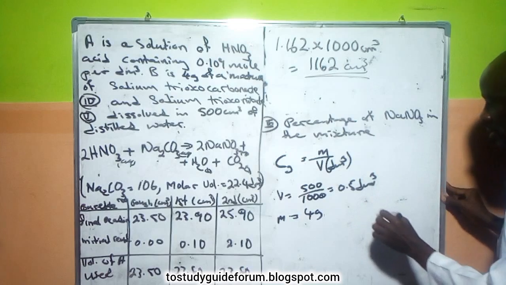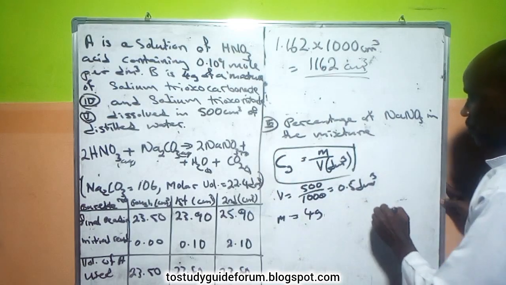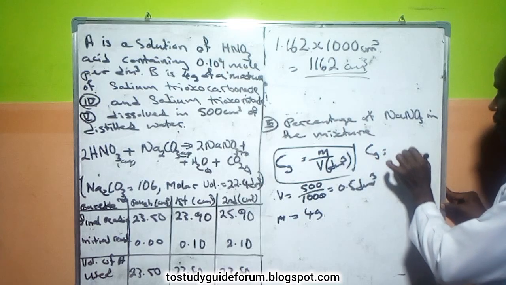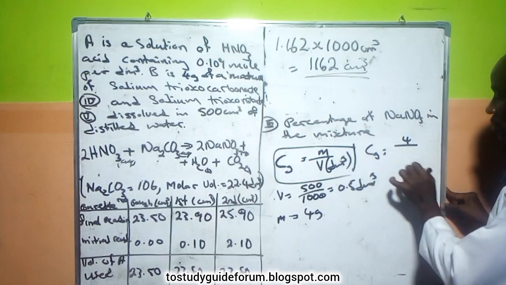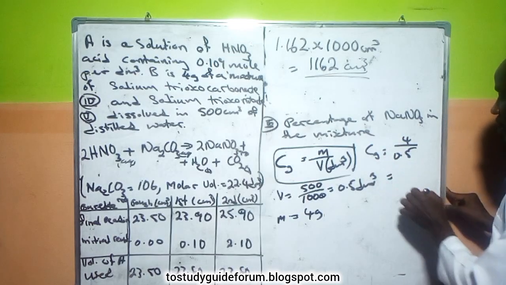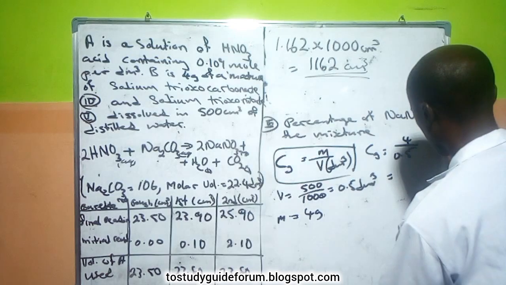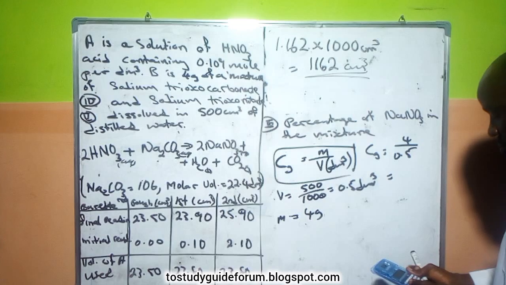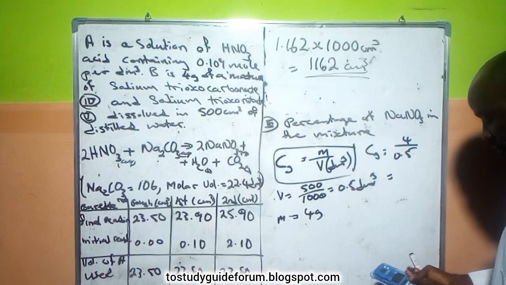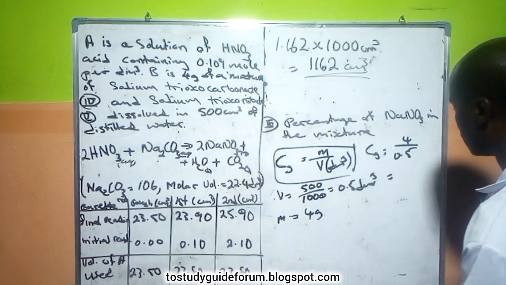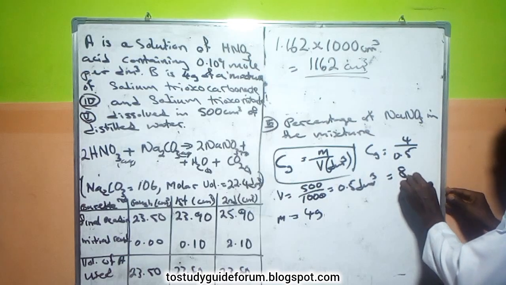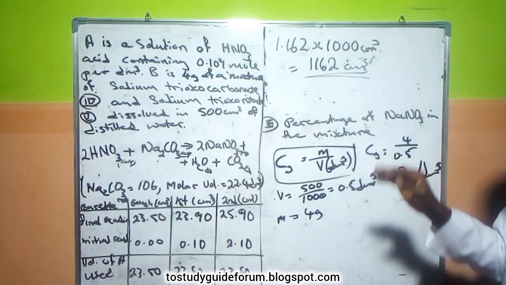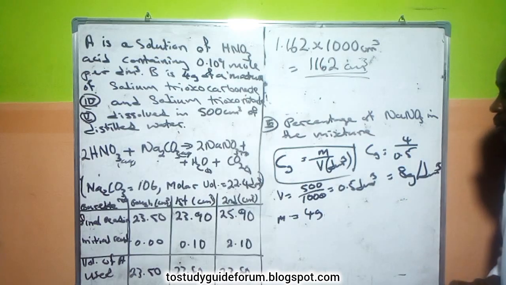So using this relationship, the concentration in grams will be 4 over 0.5. Divided by 0.5, we have 8 grams per dm cube. Since we are looking at it in dm cube, that means 1 dm cube of the mixture contains 8 grams. So what do we do now?